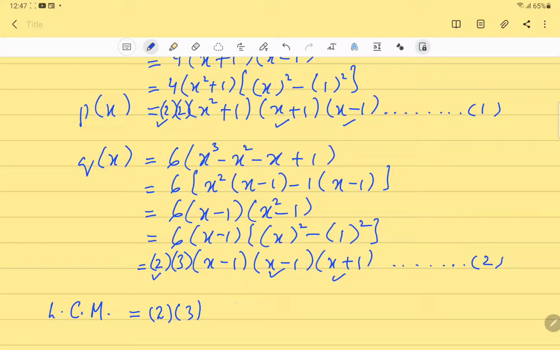After that we are writing what is common: x minus 1 and x plus 1. And after that we will be writing which are left out.